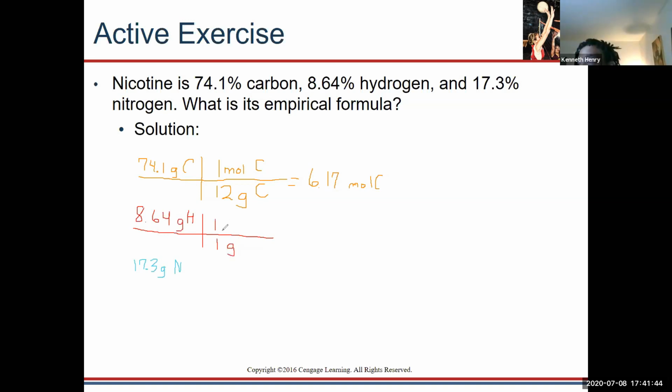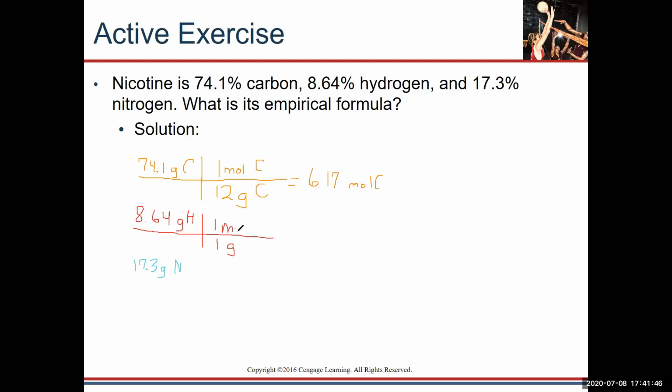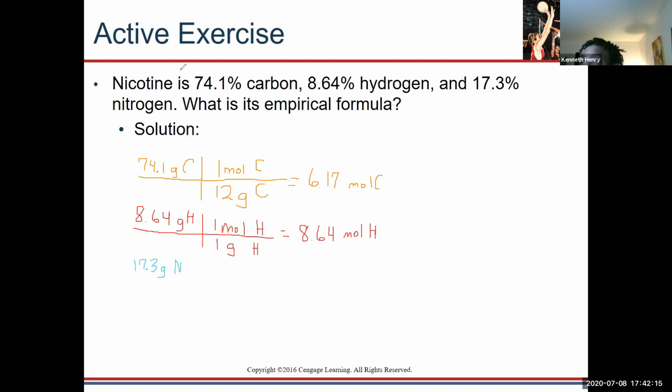This is really hard math. And it's 8.64. Okay.